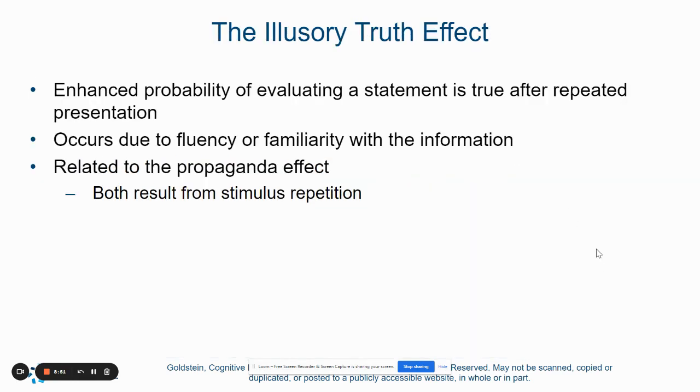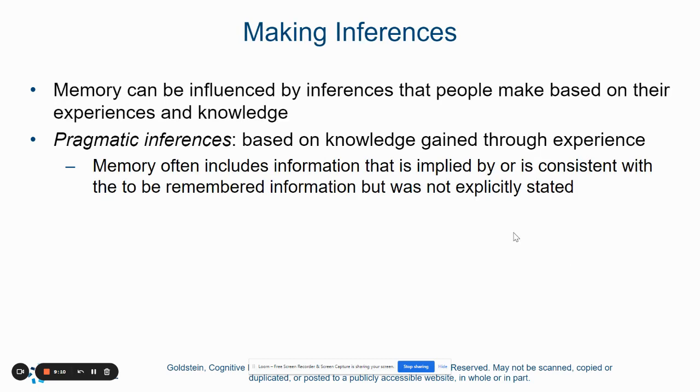The illusory truth effect says that we have an enhanced probability of evaluating a statement as true after repeated presentation. This typically occurs due to fluency or familiarity with the information. It could also be related to the propaganda effect, which is also a result of stimulus repetition. When we make inferences, we make educated guesses about a situation.